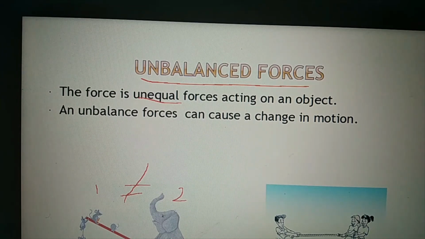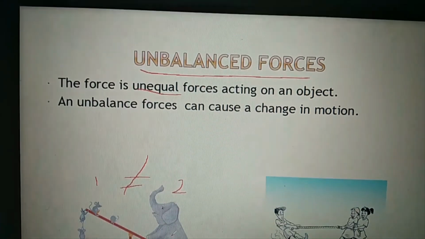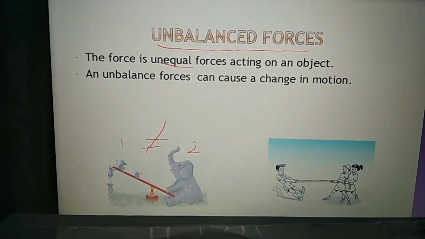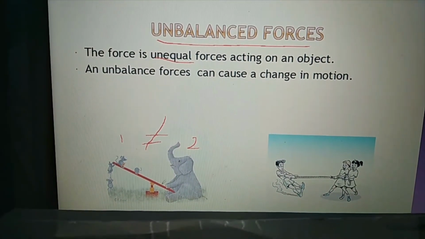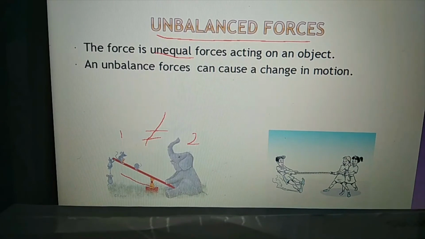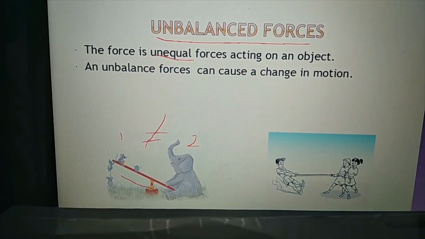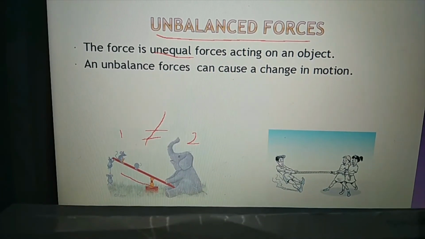One is greater and one is lesser. So when we have an unbalanced force, there is movement. You can see the big elephant and the little mice. It shows us that the force is unbalanced. Look at the second picture.